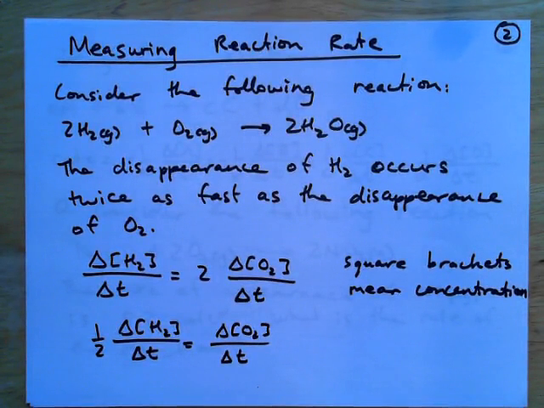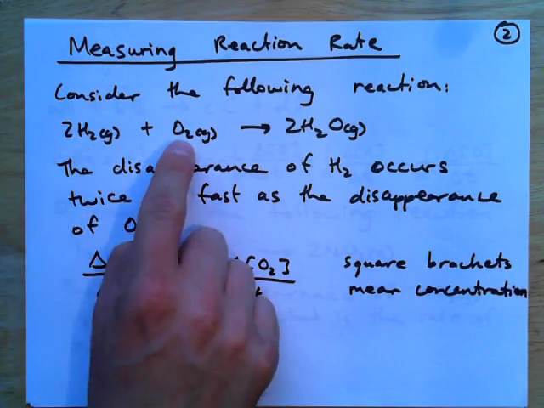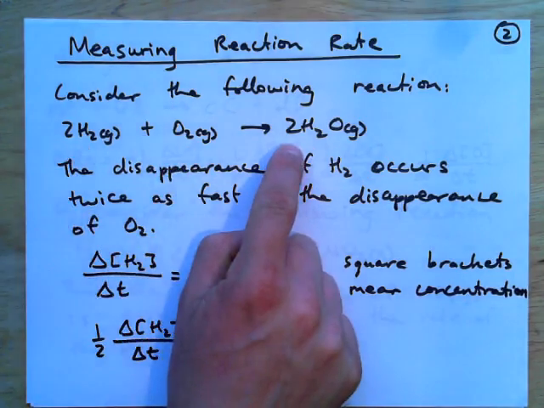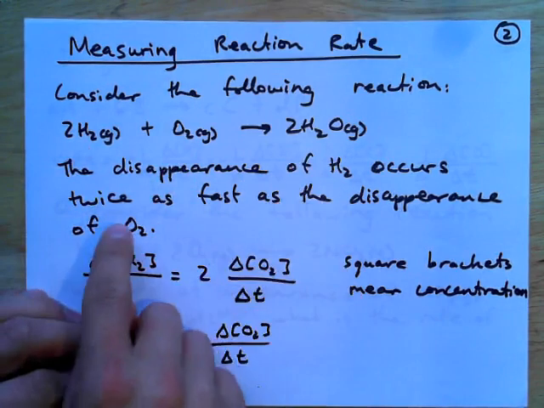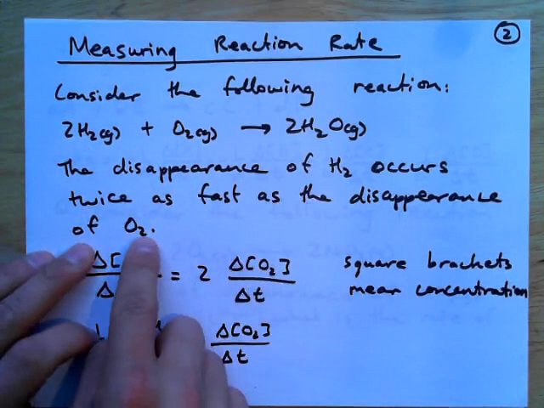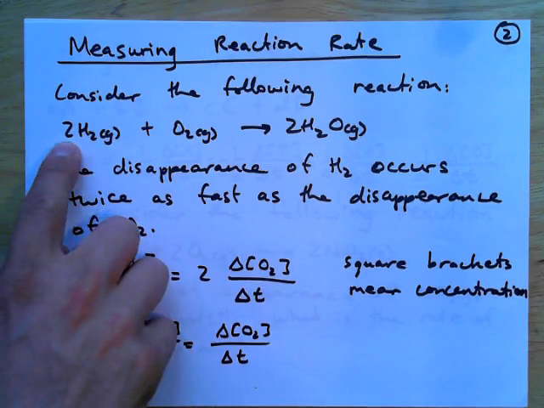So we consider the following reaction where we have hydrogen gas, oxygen gas going to water. The stoichiometry is going to affect the rate at which these substances appear and disappear. So the disappearance of H2 occurs twice as fast as the disappearance of O2, and that's because of the stoichiometry here.